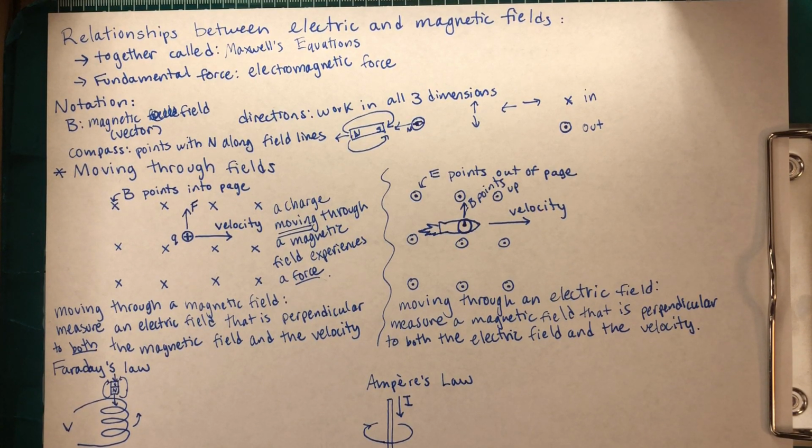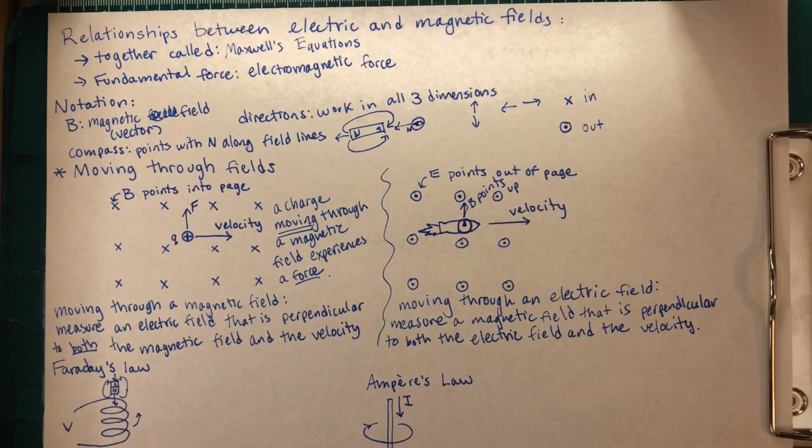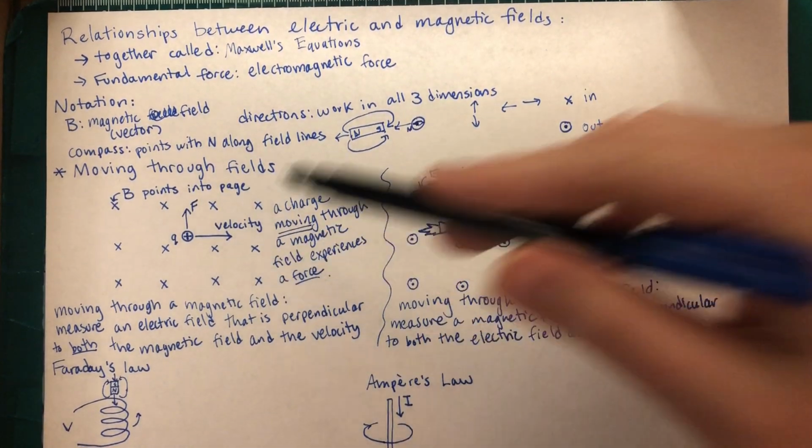Moving through an electric field, we get a magnetic field that is perpendicular to both the electric field and the movement. And that's why we need all three directions, which is why we need to introduce these symbols. Cool. The stronger the field, the faster you go, the stronger the effect for both of these things.